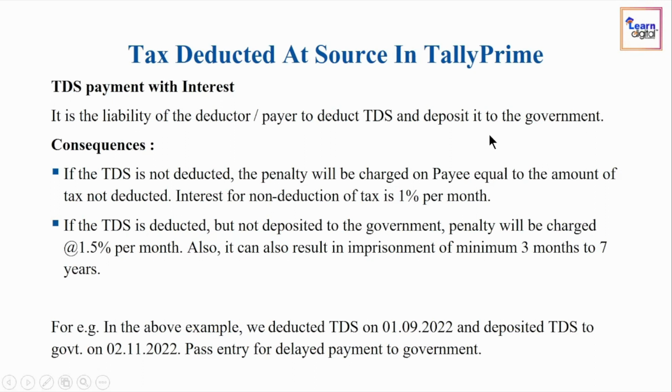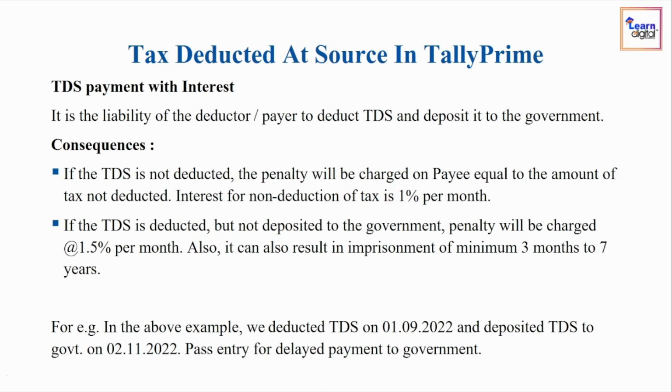That is, TDS to be deposited to the government by the 7th of next month, and this TDS certificate, or we can say TDS return, to be filed on quarterly basis. After completion of the first quarter, in the next month, we have to submit the TDS return to the government.